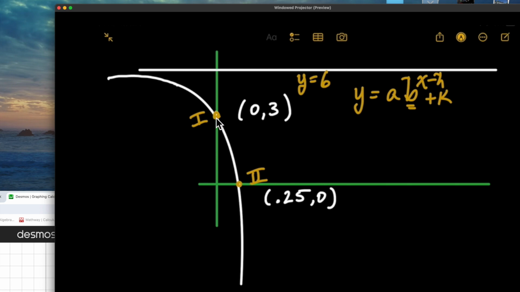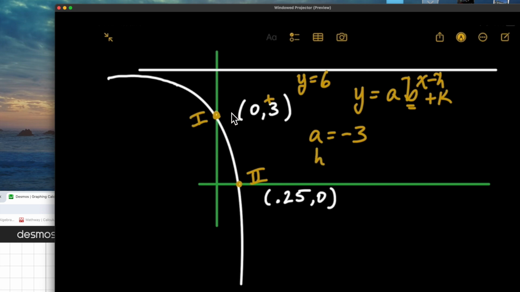Let's use point number 1 to get our a value. We start at the horizontal asymptote, which is at plus 6. We're moving down to plus 3 for a y value. That means we move minus 3 in the vertical direction. In terms of the exponent, the x minus h component of this transformation equation, we do not move left or right.